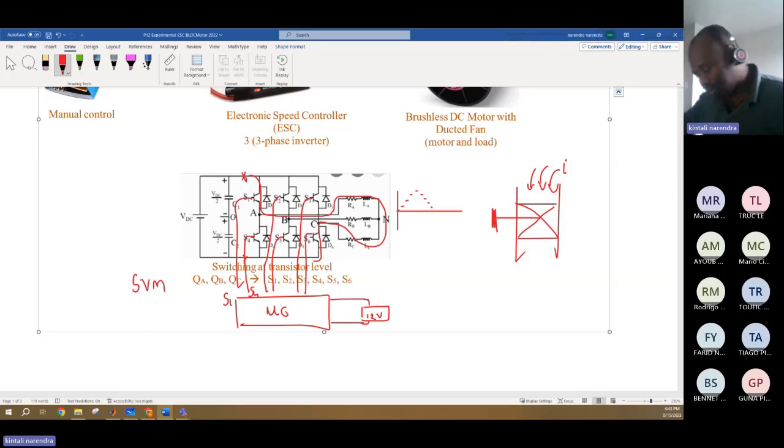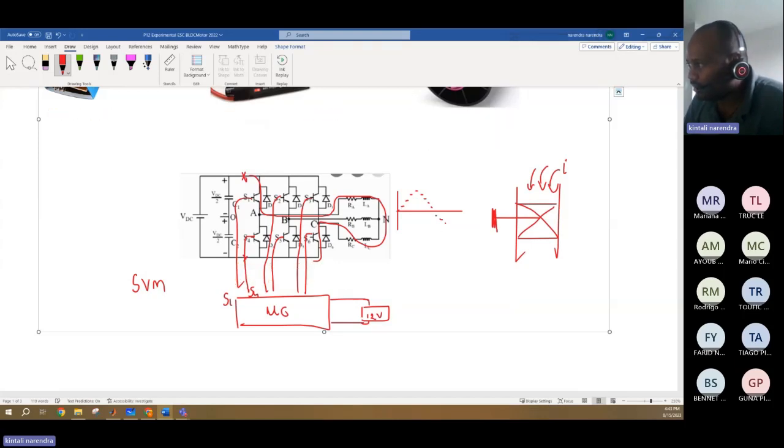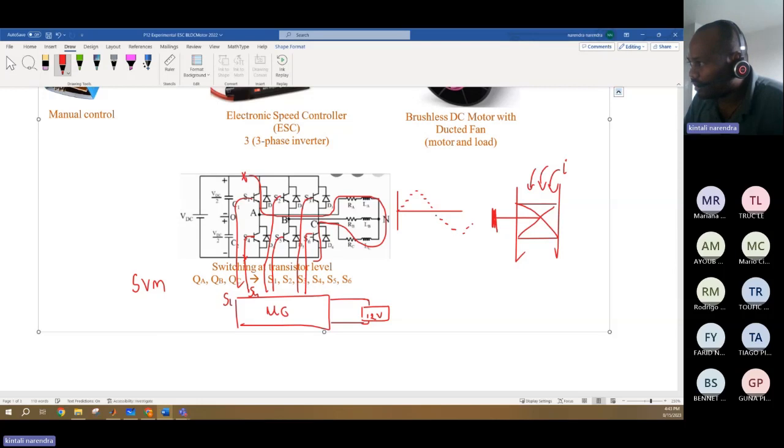Then again they change the direction of the current by taking another switch into consideration. By controlling how the switches are opened and closed, we get this AC current from the DC.